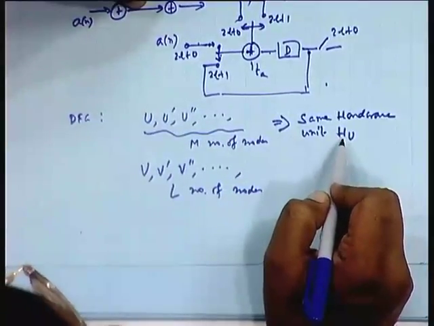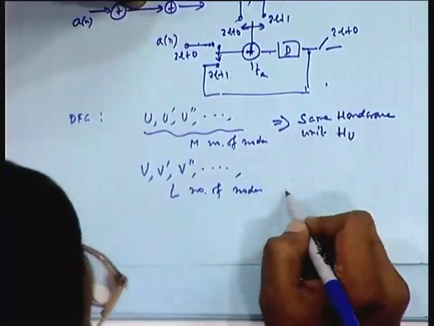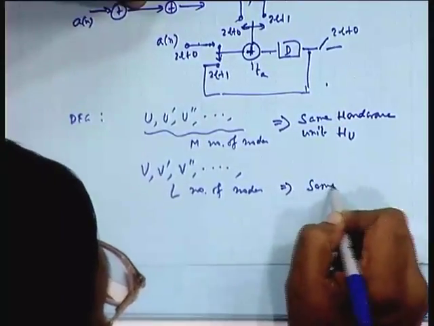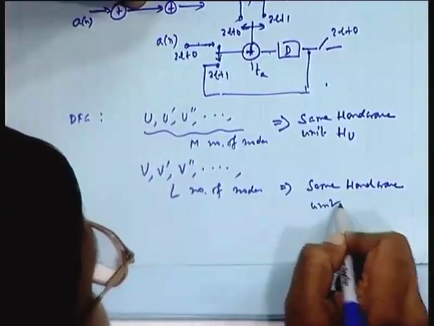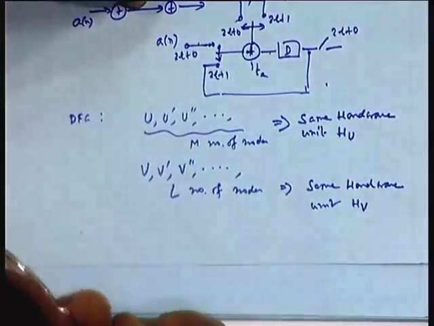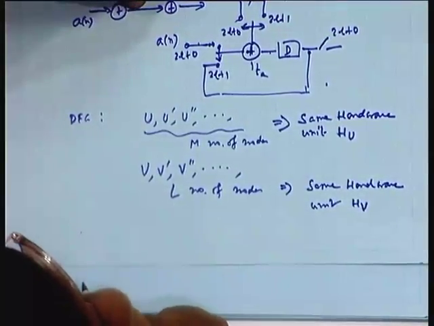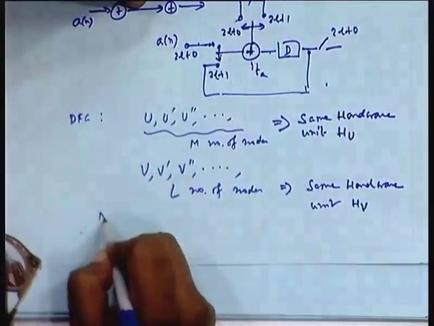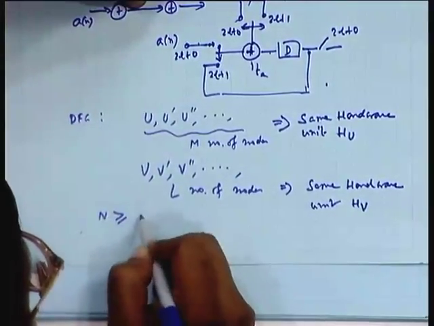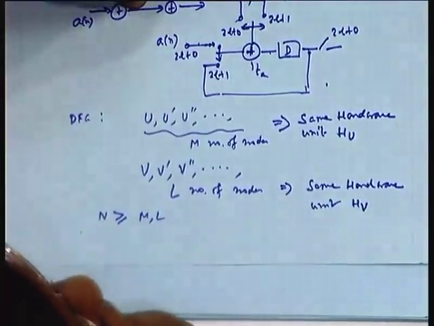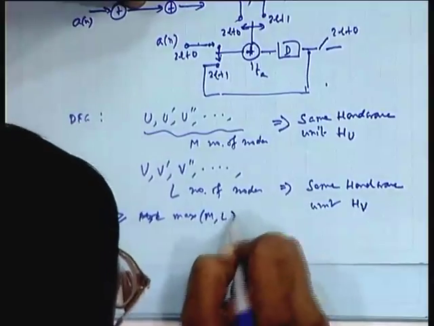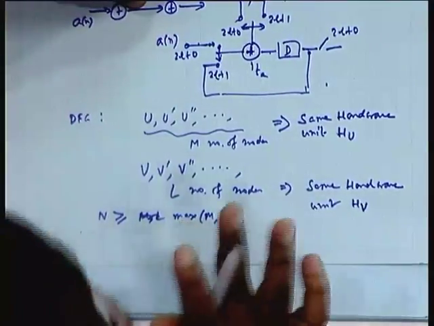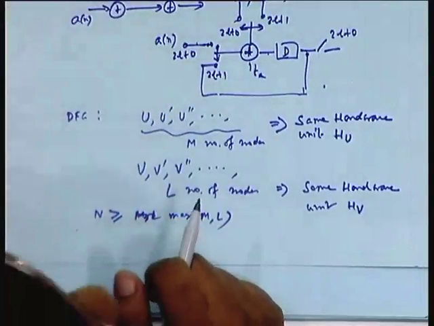Similarly, they have another HV, and you choose a factor n which is greater than or equal to the max of these, just a factor, and I will say that I will be folding this DFG.